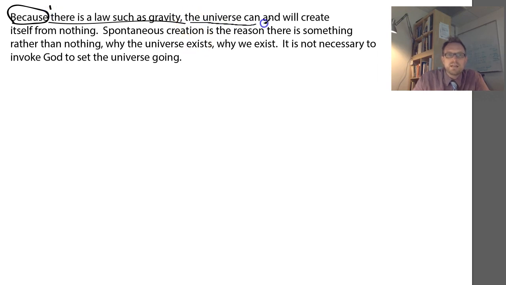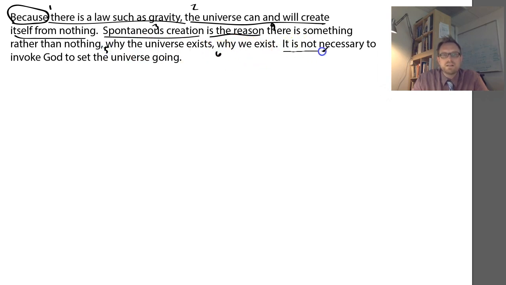The universe can and will create itself from nothing, we'll say as number two. And then we've got, what is it? Spontaneous creation is the reason. Now, is the reason tells us right now that this is a premise too. So let's put 3. There is something rather than nothing. I'm just going to put it like this. We got 4. Why the universe exists, 5. Why we exist, 6.